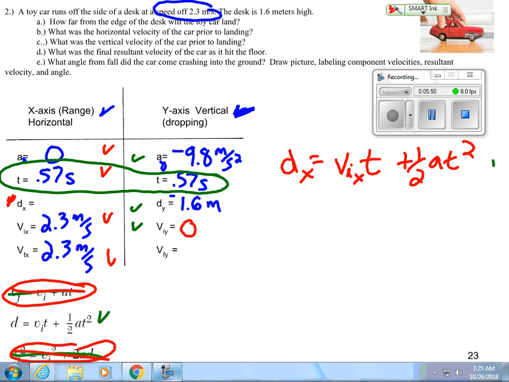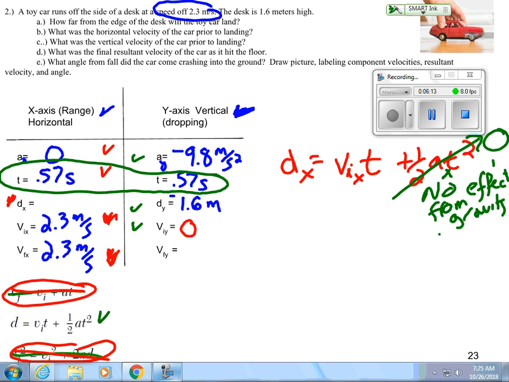I do actually know it, if you look over here, but this equation works best. Why? Because a in the x direction is 0. No effect from gravity in the x-axis.